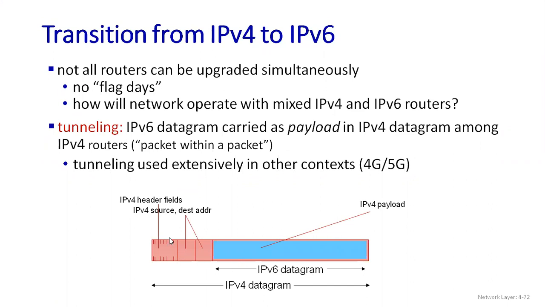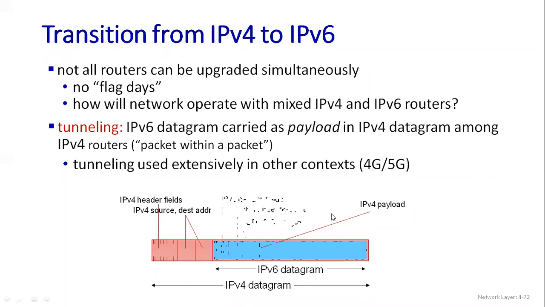Now what will happen? This is your header fields, this is your source address and destination address for IPv4. If you have some payload, it will be inside this. You can see the red colour is there, and inside that the blue colour, which will carry the payload.